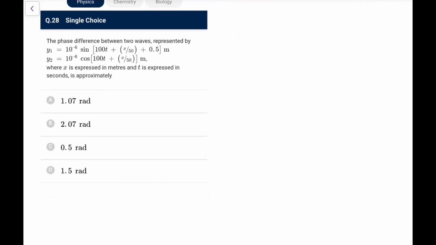The phase difference between the two waves represented by, okay, so these things are same. So this is the phase difference I am seeing, that is 0.5, represented in seconds. So first of all, in terms of second, what should I write? Okay, I missed it. This is sine and this is cos. So be aware. I can write cos as sine of pi by 2 plus theta.